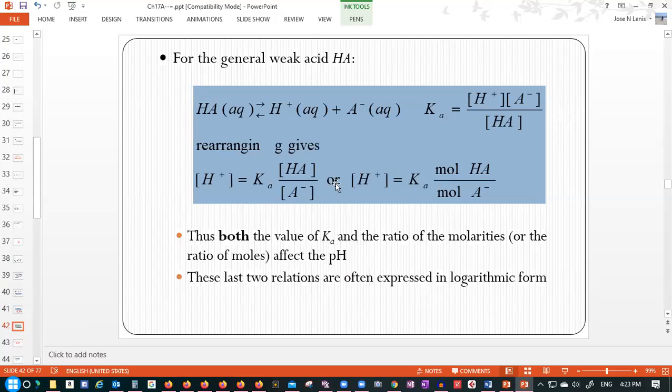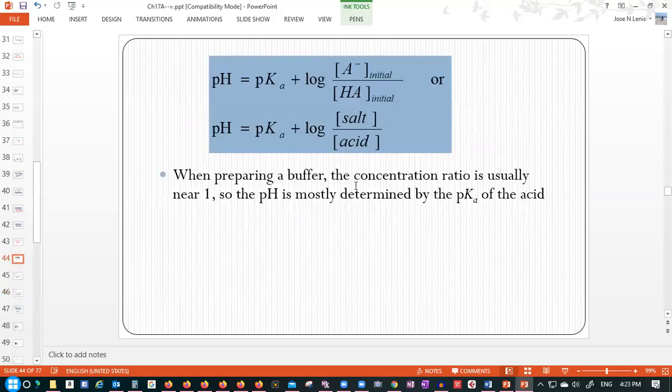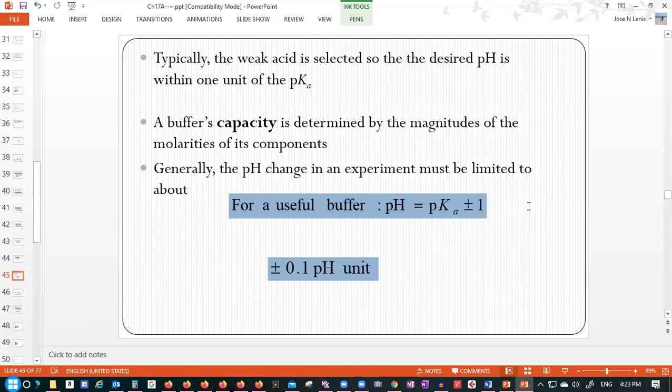All right, so this is what we did before, and this is the famous Henderson-Hasselbalch equation. That's the one I showed you. Positive, the salt is on top and the acid is on the bottom. And for a useful buffer, the pH should not change by more than 1 unit around the pKa.